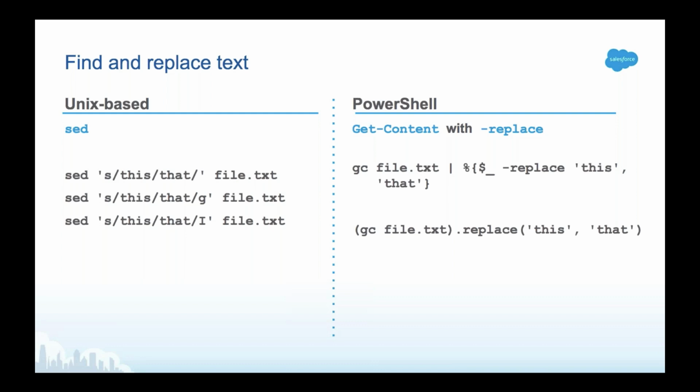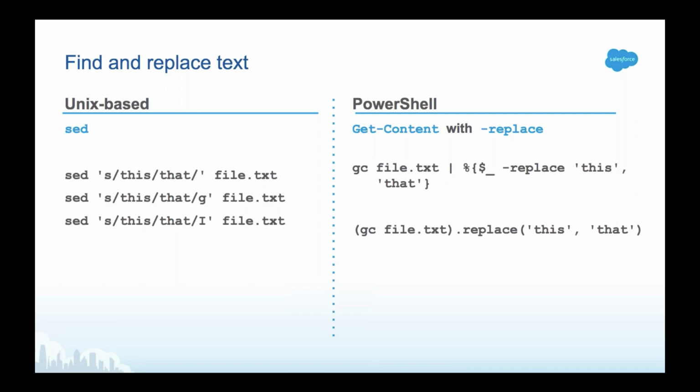But if you want to find all instances of this and replace it with that, then you would use the G option, which stands for global. And then if you want to make sure that what you're searching for is case insensitive, then you use the capital I.